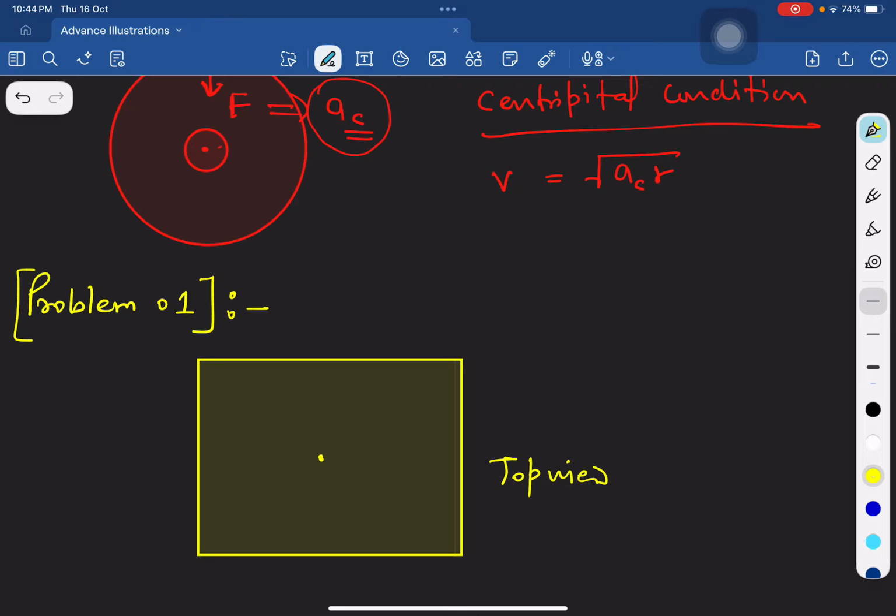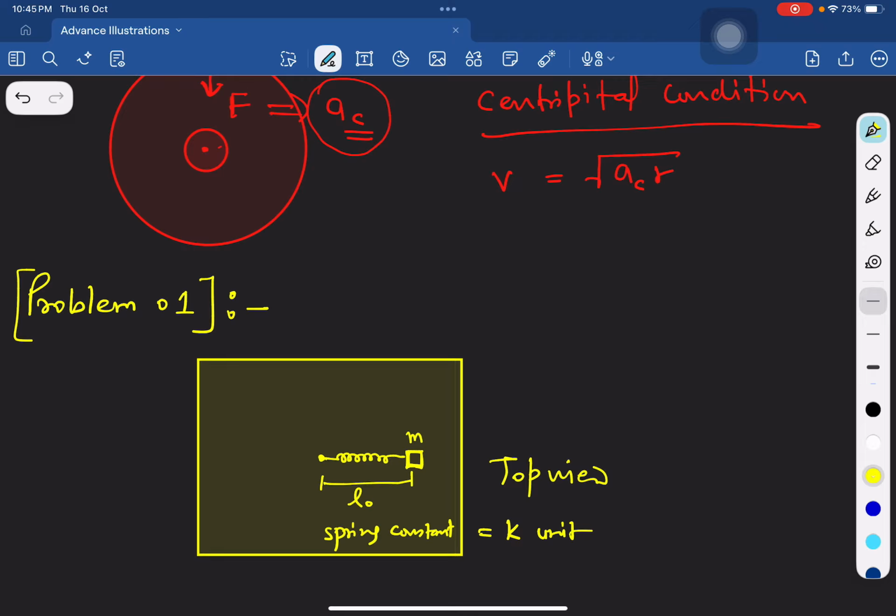There is a spring which has been clamped from one side, and the other end is attached to a block of mass m. The natural length of the spring is L naught, and the spring constant is K, in newton per meter.